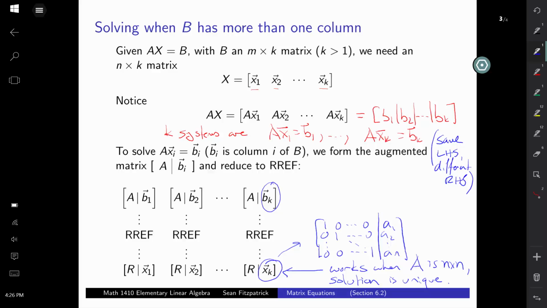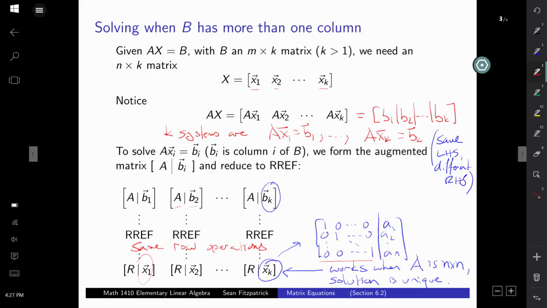And now, as we mentioned, it's going to be the same row operations for every single one of these guys. For the first one, we do our row operations to get A down to this reduced echelon form, and we get this solution vector x1. And then for the next one, we do the same row operations, and whatever we do on the left, we also do on the right, and we get down to here.